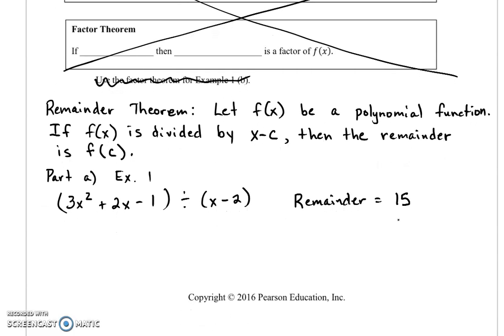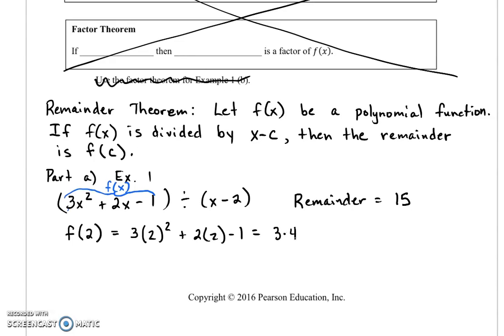So what the remainder theorem says is if we evaluate f of 2, and the f here is our dividend, so this is f of x, if we evaluate that at 2, we should get 15. Let's see if that's true. So 3 times 2 squared plus 2 times 2 minus 1.